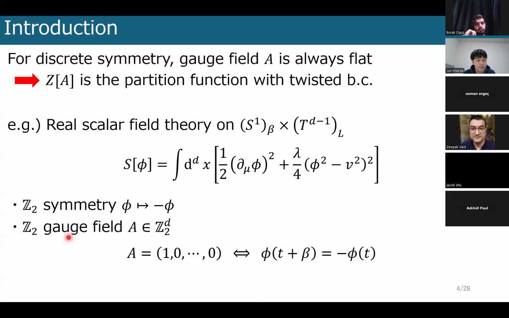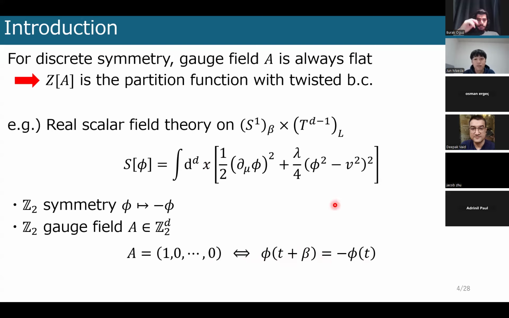It means this gauge field can be regarded as an element of this power of this. So, for example, if we take A to be (1, 0, 0, 0), then this is equivalent to imposing the twisted boundary condition along the temporal direction, like this one: phi(t plus beta) equals minus phi(t).